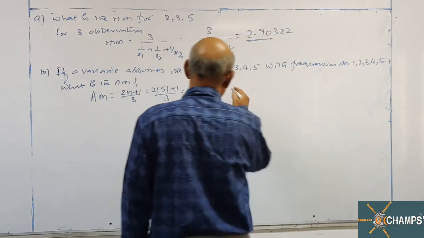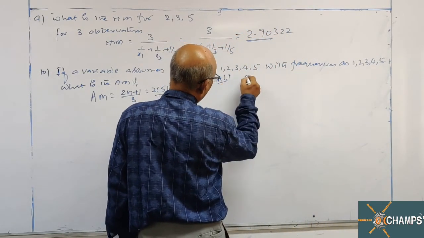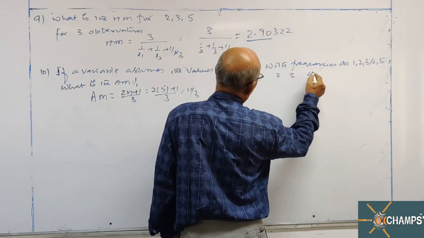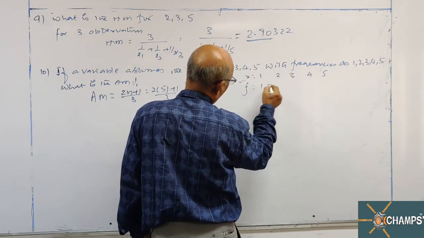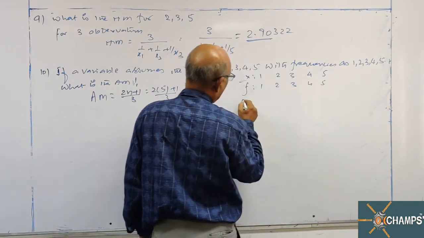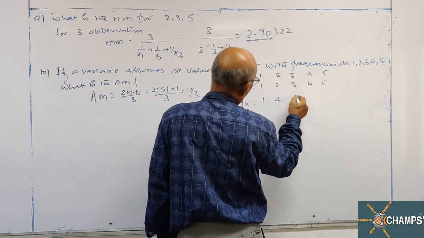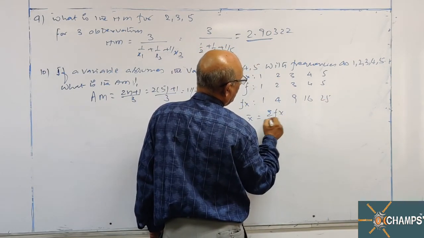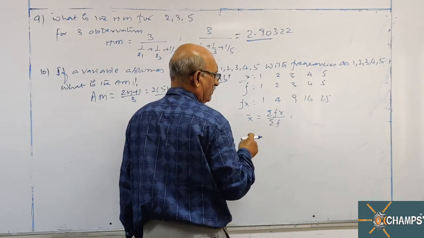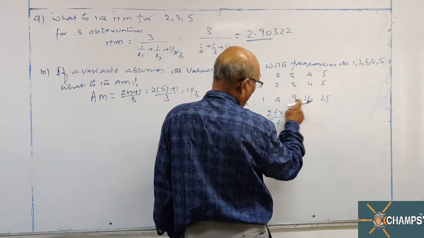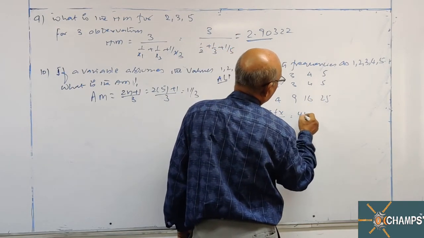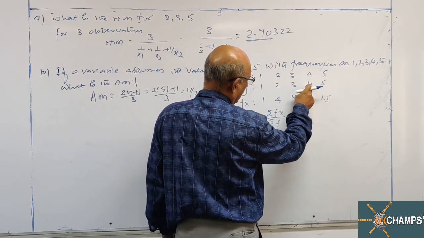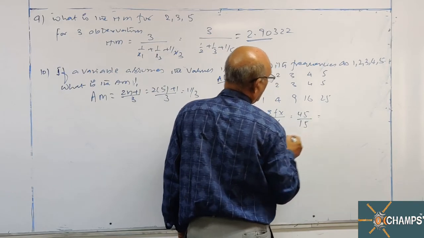Or, alternative approach: x is taking the values 1, 2, 3, 4, 5. Frequencies are 1, 2, 3, 4, 5. fx is 1, 4, 9, 16, 25. X bar is equal to summation of fx by summation of f. Summation of fx is 1 plus 4, 5, plus 9, 14, plus 16, 30, plus 25, 55. Summation of f is 1 plus 2, 3, plus 3, 6, plus 4, 10, plus 5, 15.